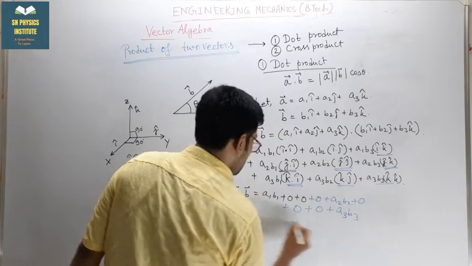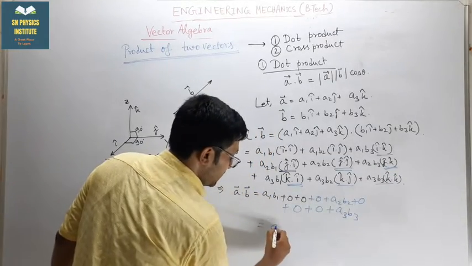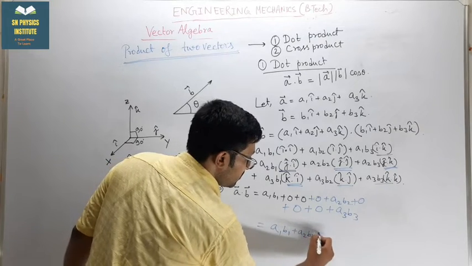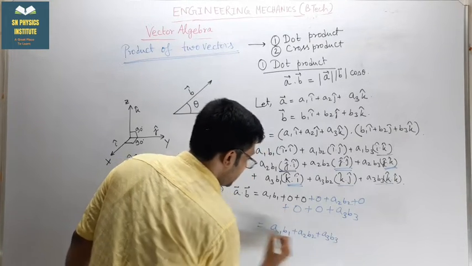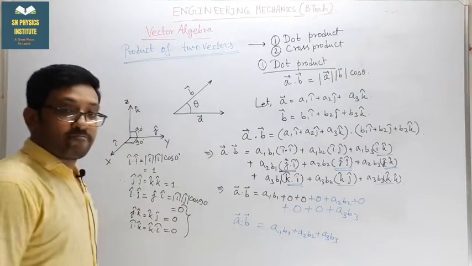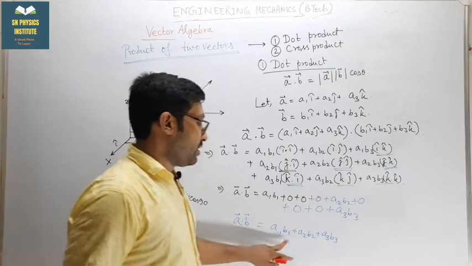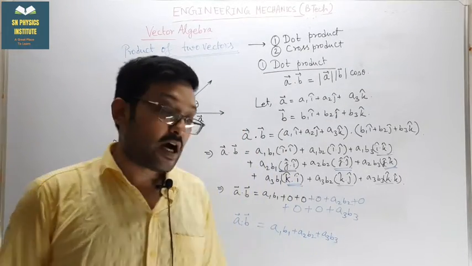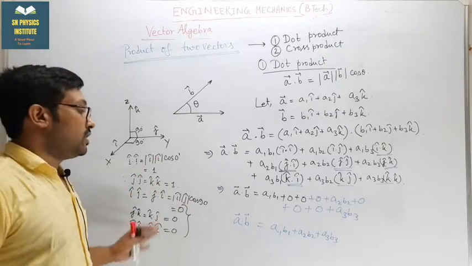So A dot B is equal to A1 B1 plus A2 B2 plus A3 B3. Okay, understood? This is the dot product.